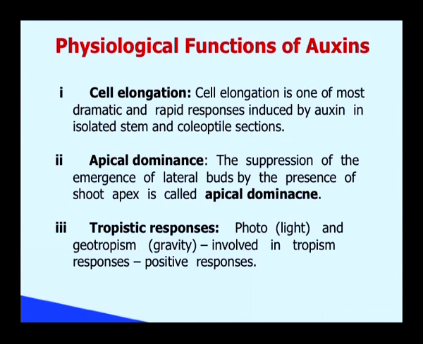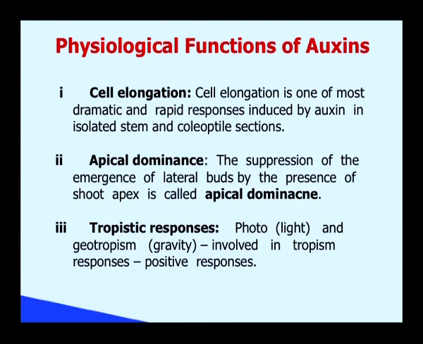Cell elongation is one of the most dramatic and rapid responses induced by auxin in isolated stem and coleoptile sections. Whatever growth the plants get is a combination of auxins and gibberellins. Apical dominance means the suppression of the emergence of lateral buds by the presence of the shoot apex, and by this process the auxins control the emergence of the lateral buds.